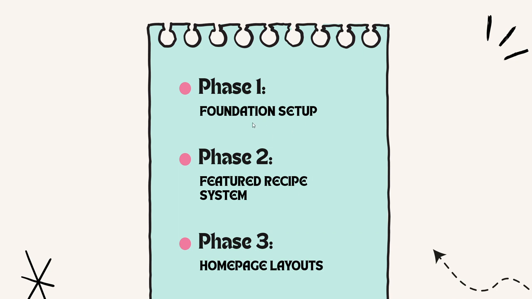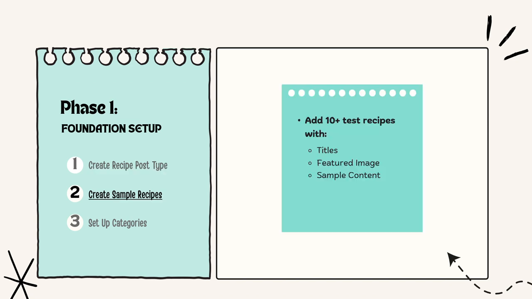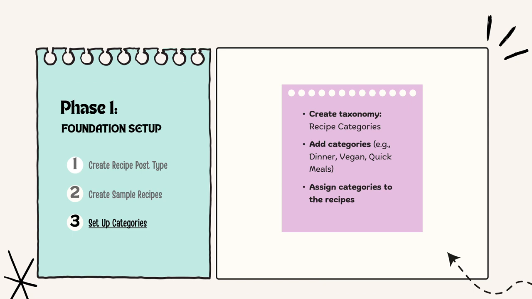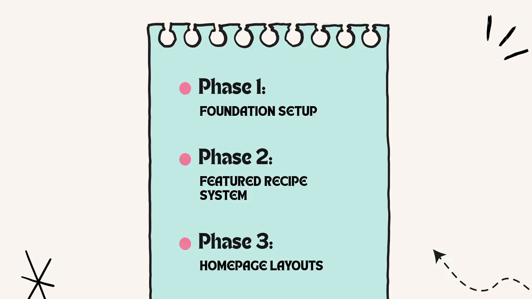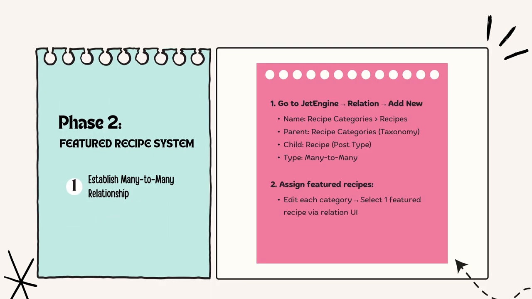First, in phase one, or step one, I had to deal with the foundation setup, where I created the recipe post type, then created the sample recipes, and set up the categories. Then in phase two, I created the featured recipe system, where each category can take a featured recipe.